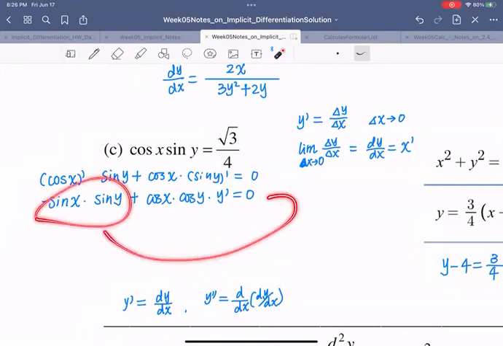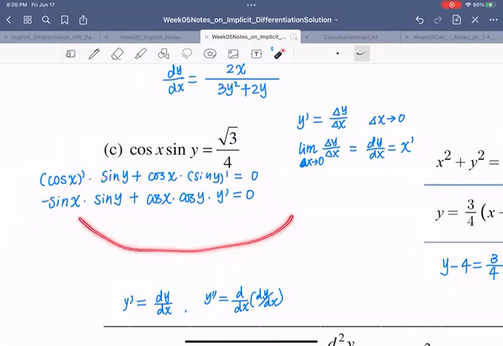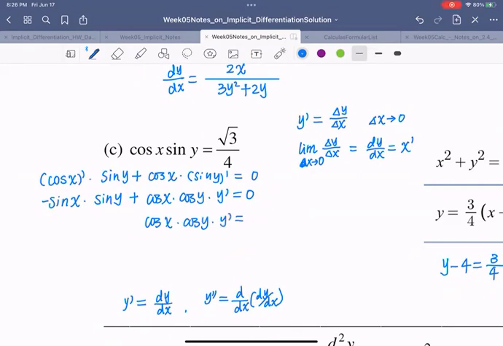You can move this to the other side, right? Correct? So cosine x, cosine y times y prime equals who? Equals sine x times sine y. So y prime equals? No, these are not the same, you cannot cancel.